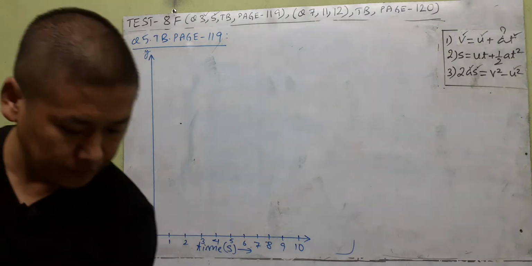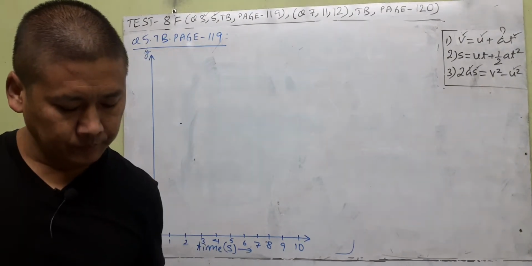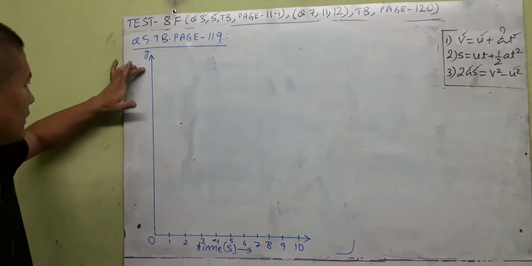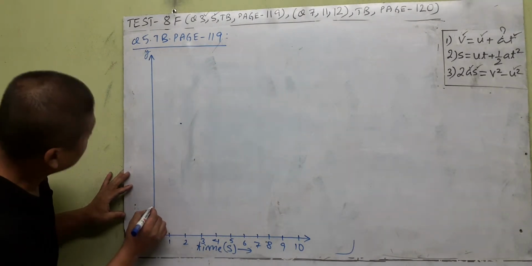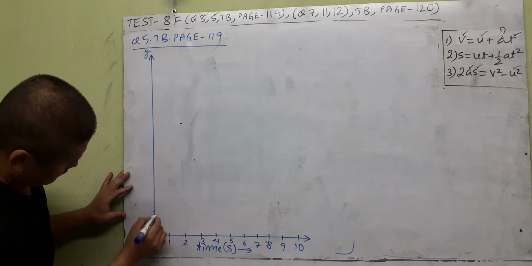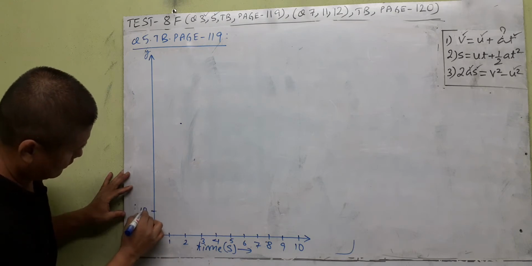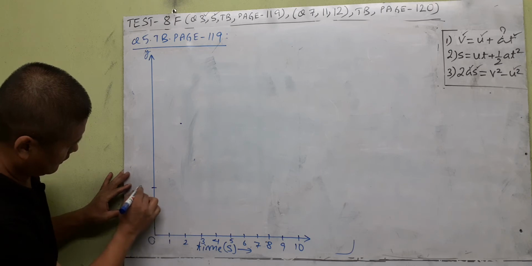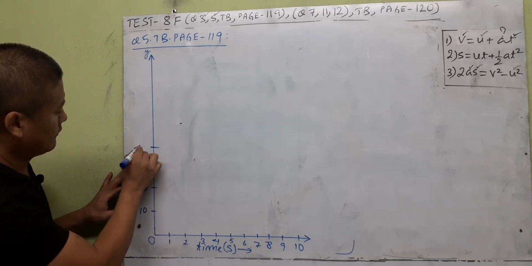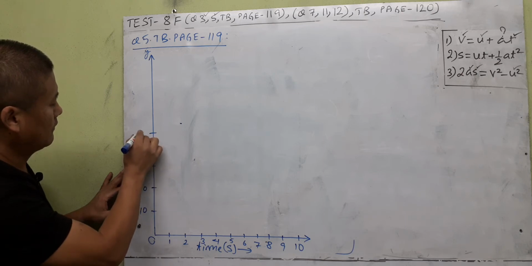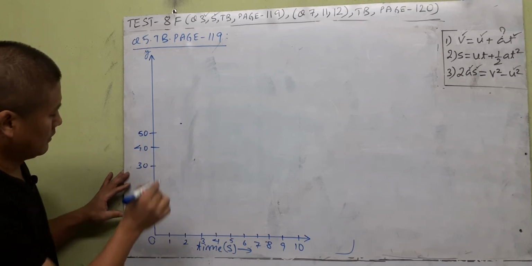Now here, 52 km per hour is the higher speed. So we have to at least have 52 here. So let's just plot it here. Maybe 10, 20, 30, 40, 50, and 60.